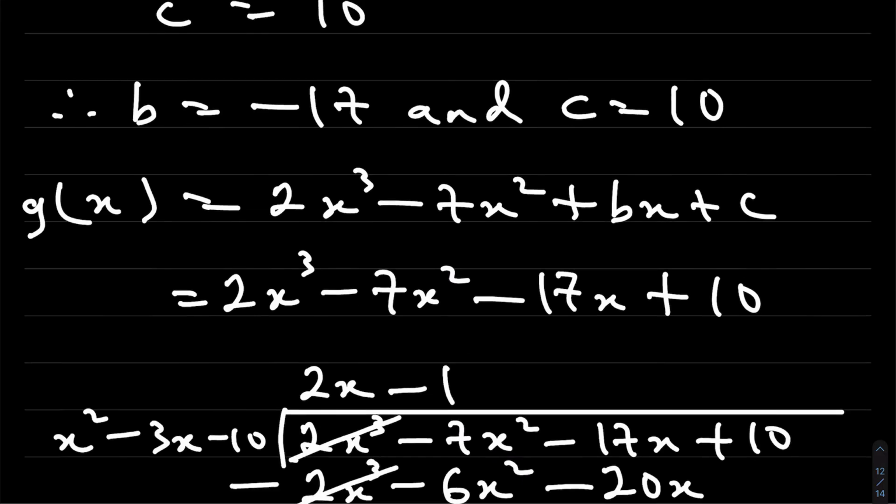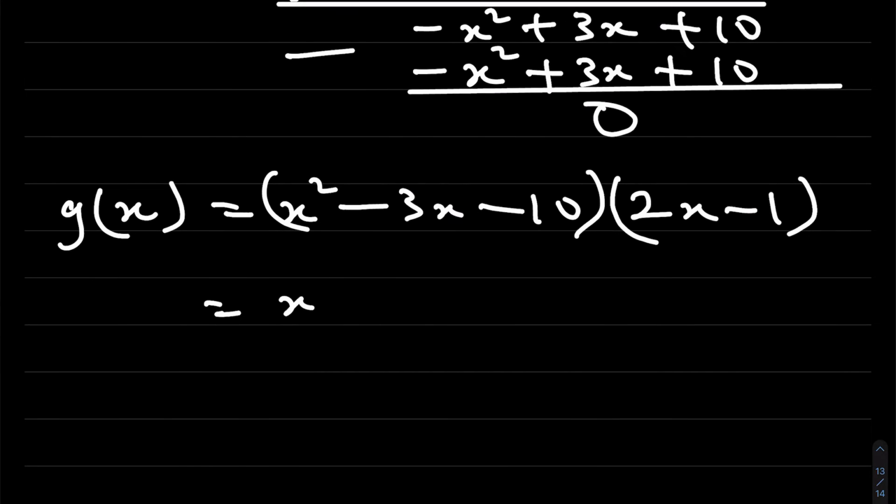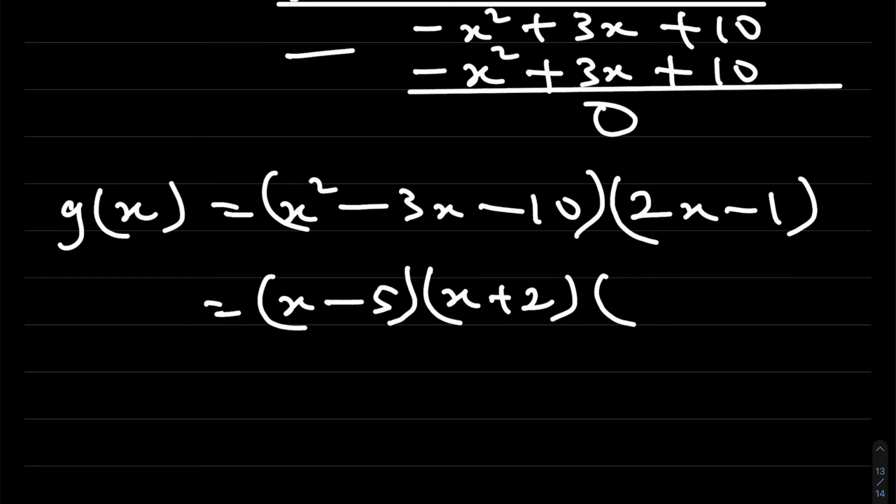So g of x equals x minus 5 times x plus 2, which are the factors of x squared minus 3x minus 10, times 2x minus 1. And that's the complete factorization of g of x.